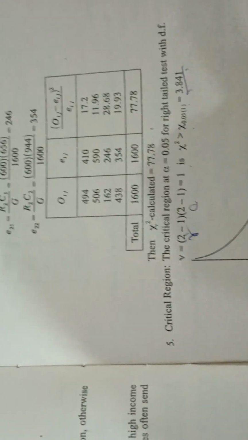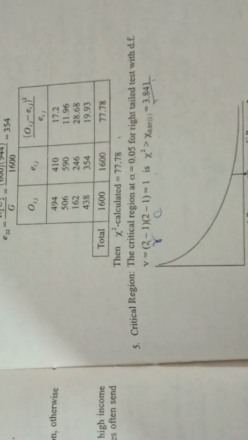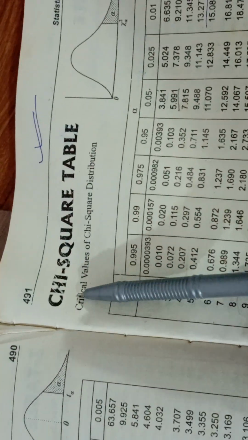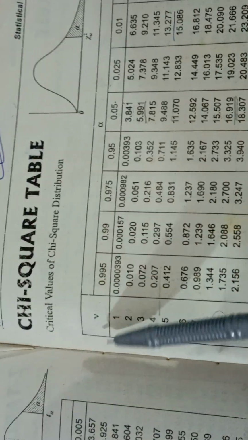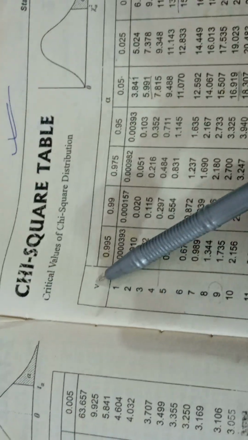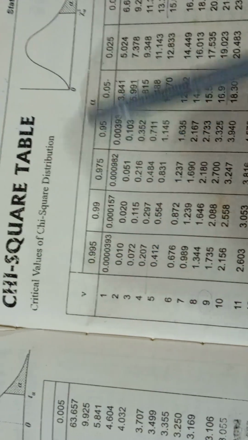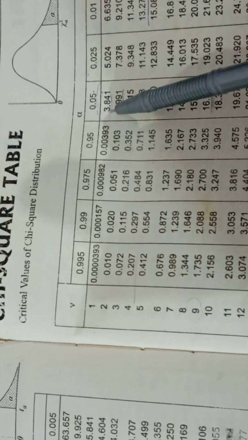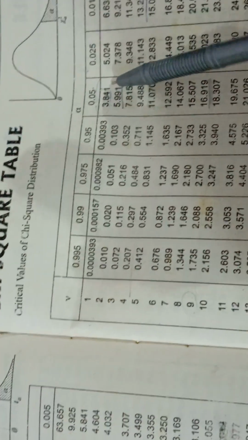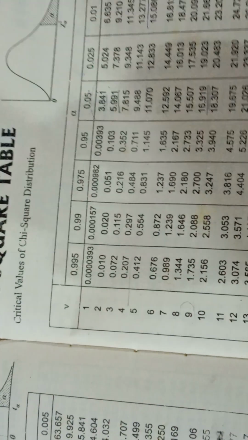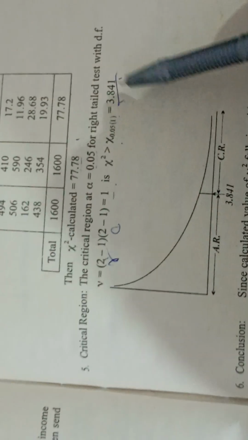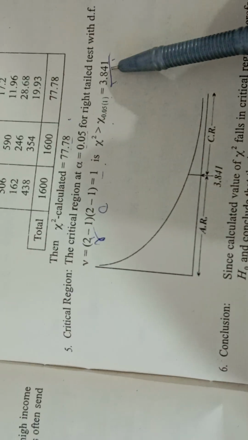Here is your chi-square table. आपके पास degree of freedom value 1, level of significance 0.05. So here's the value 3.841. Okay, so you have a value 3.841.